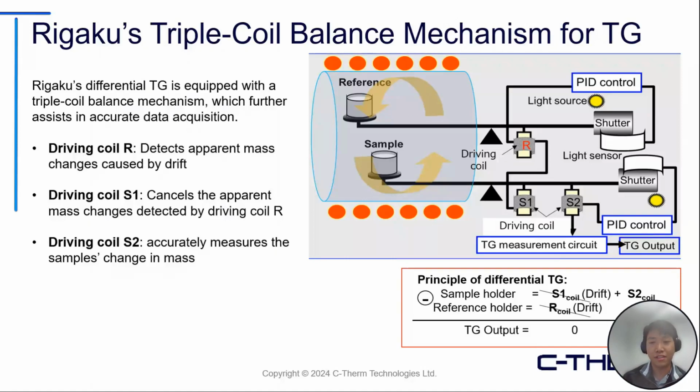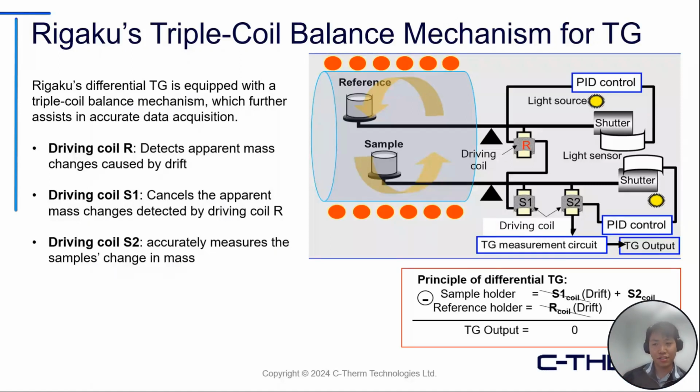The shutter is covering the light source, and at the nominal position, the shutter would be blocking off the light coming from the light source. But when there's any mass change due to thermal drift or change in mass, the shutter would move and change the way that the light source is being blocked, and this residual light would be detected by the light sensor.